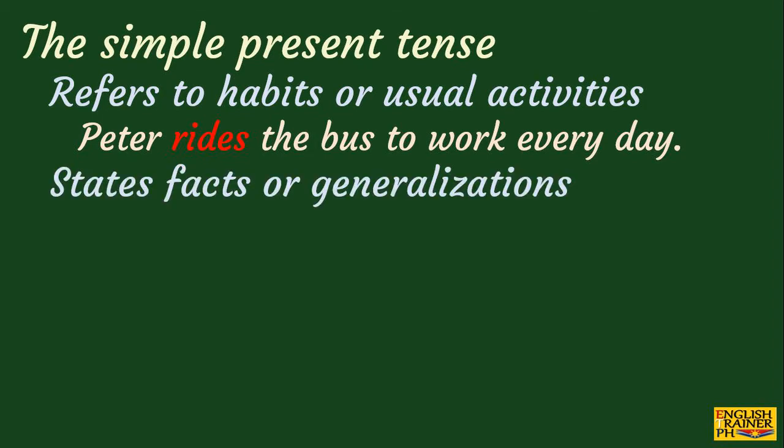Another use for the simple present tense is when we want to state a fact or a generalization. But what is the difference between the two? A fact is something that has been proven, while a generalization is something that most people believe is true. In our example, fish swim.